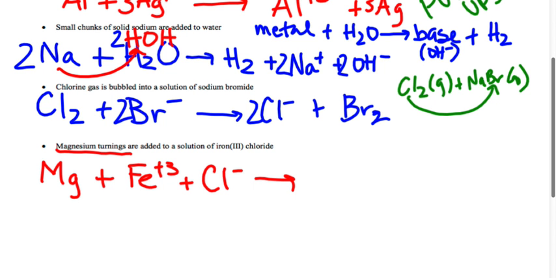This is where my rule, go to metals first, is where you need to start. If you can make the redox occur between the two metals, bam, you're done. Looking at the magnesium and the iron, can you make one go up and one go down? Yes. What can you make magnesium go to? +2. What can you make iron? I know iron is 2 and 0.